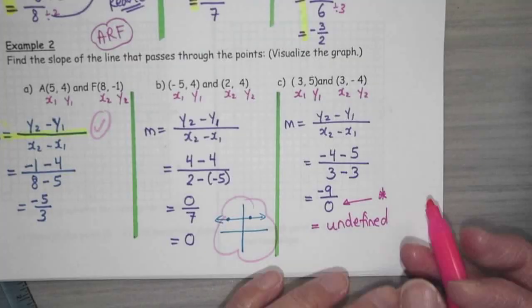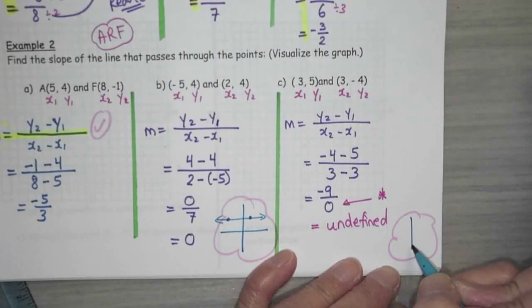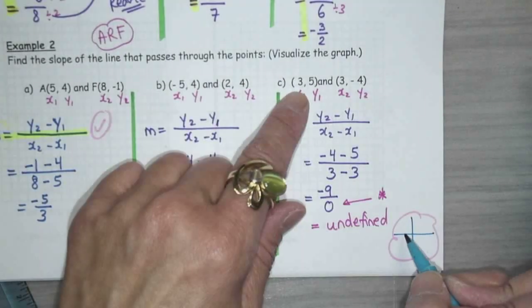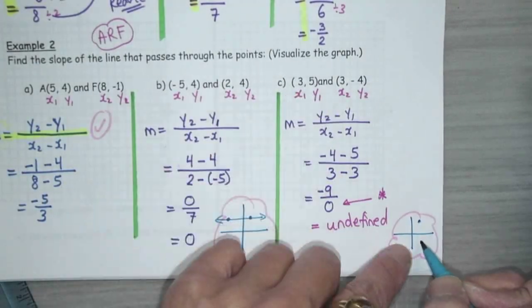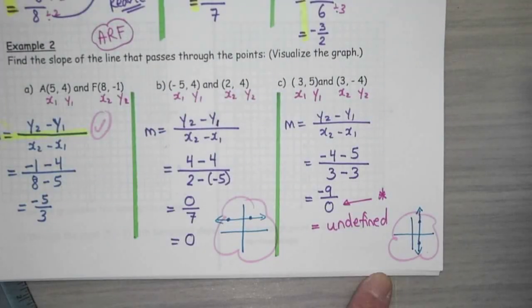When you picture this graph, picture it this way. You have the points 3, 5, and 3, negative 4. They're right above each other. So that's why it's a vertical line. So it's an undefined slope. Isn't that cool?